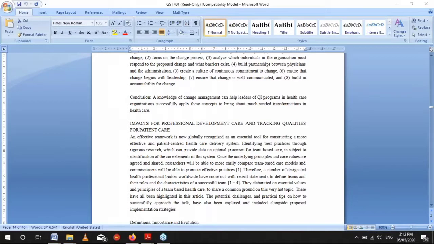Even students, when you are writing your project or your research work, there is a way you will collect your data. So also in medicine, we collect data, and we analyze it.